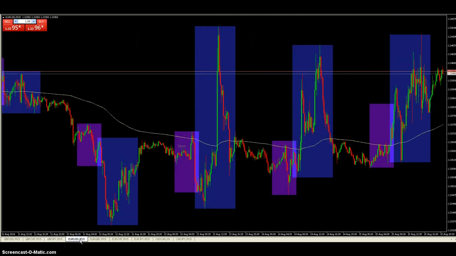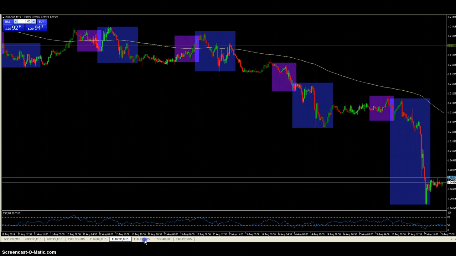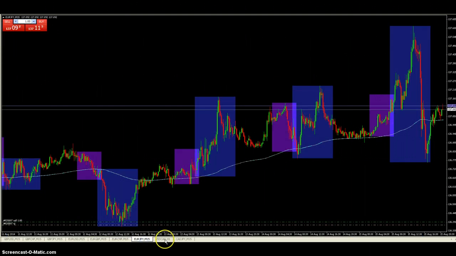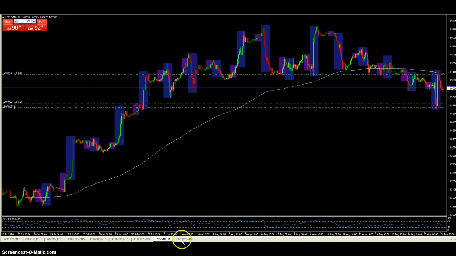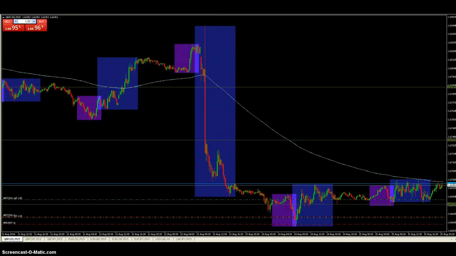Euros versus US dollars, euros versus GB pounds, Great Britain pounds, euros against Swiss francs, euros against Japanese yen, US dollars against Canadian dollars, and Canadian dollars against Japanese yen. So that's the limit of the currencies that I look at. The majority of time I'm looking at pounds US.